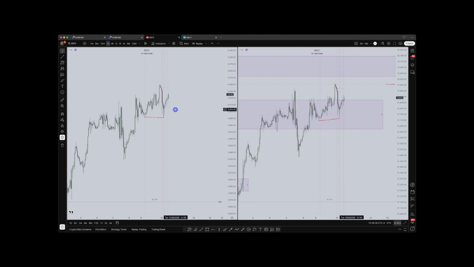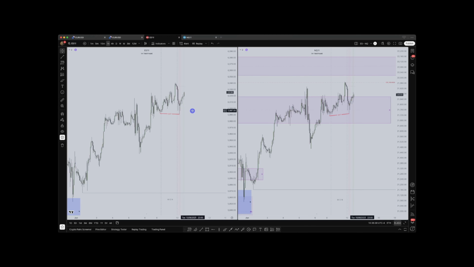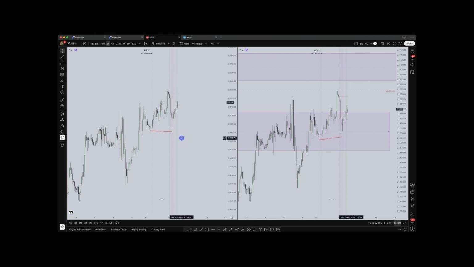Also this morning I shared this information I saw, this SMT divergence, which I explained in the beginning of this live stream. You will see later on the video, but it means when you have ES and Nasdaq, normally they should do the same thing.